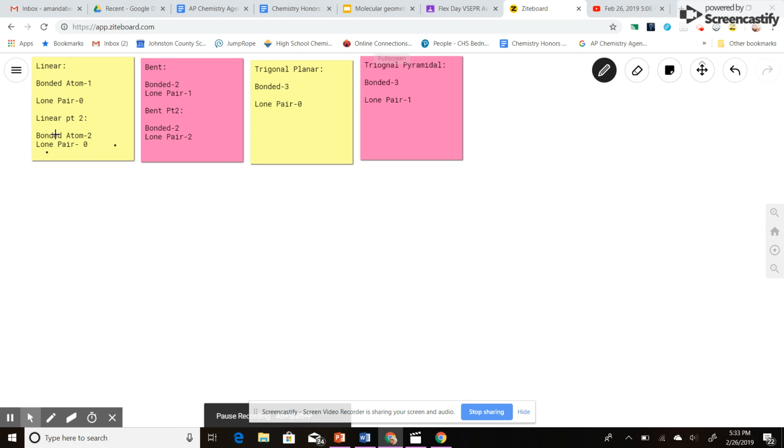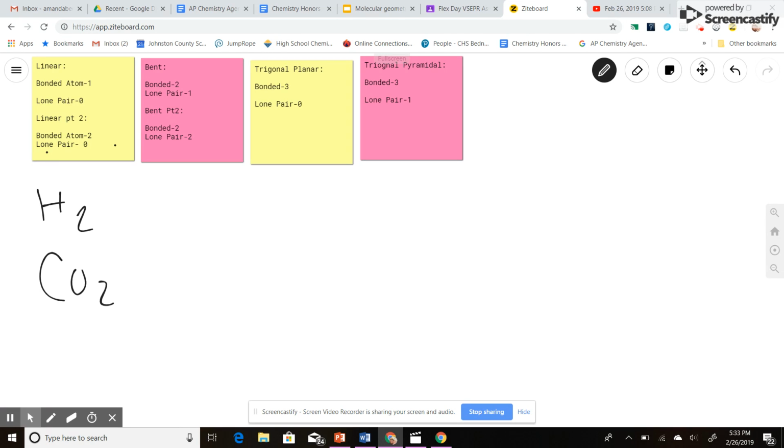So we talked about the 2 different variations of our linear, where we could have something like a diatomic molecule, like H2, or we could have a more complex molecule like CO2, where you can either have 1 bonded atom or 2 bonded atoms.